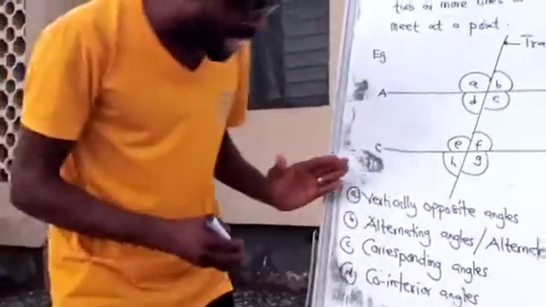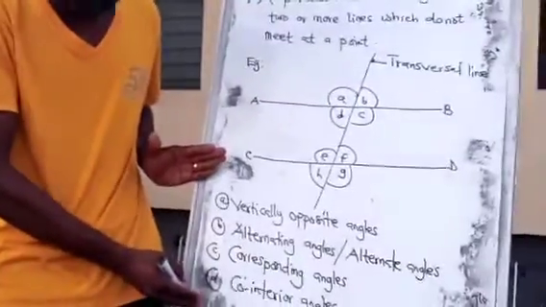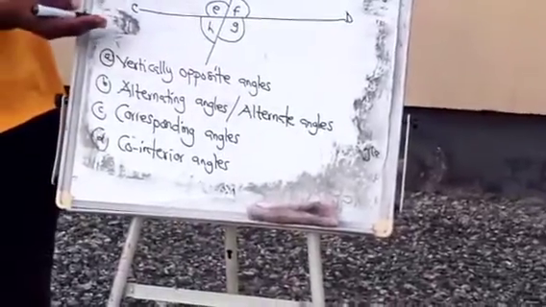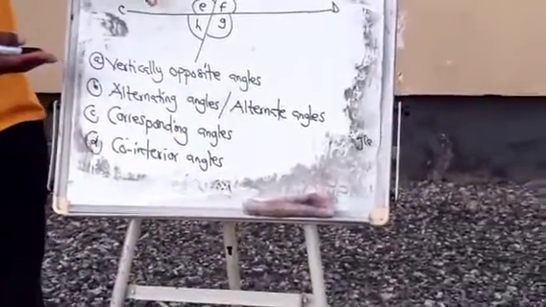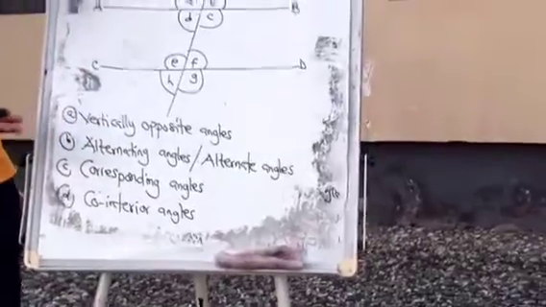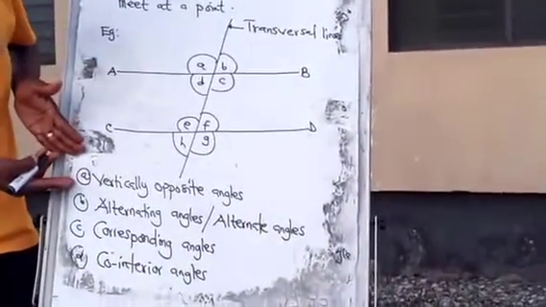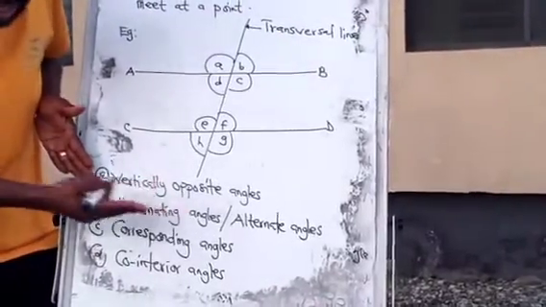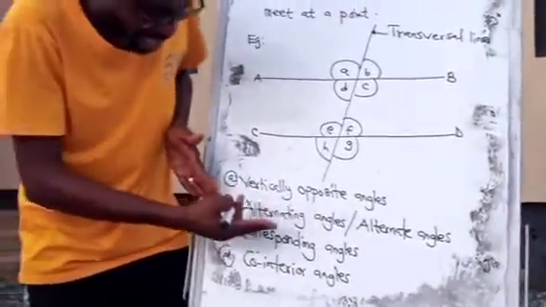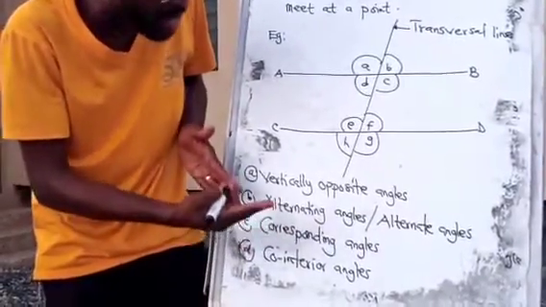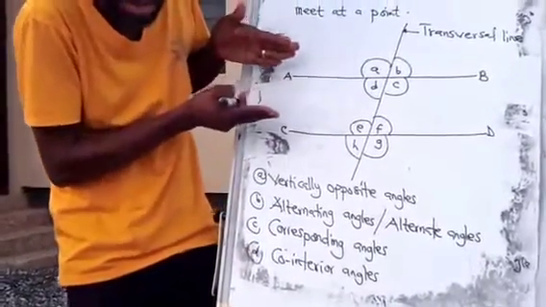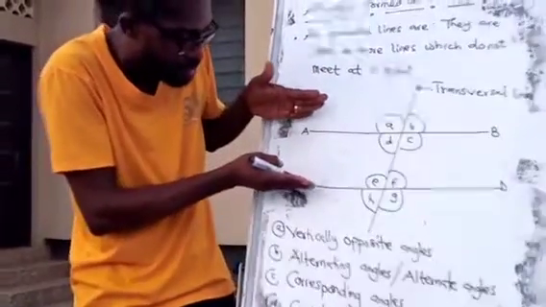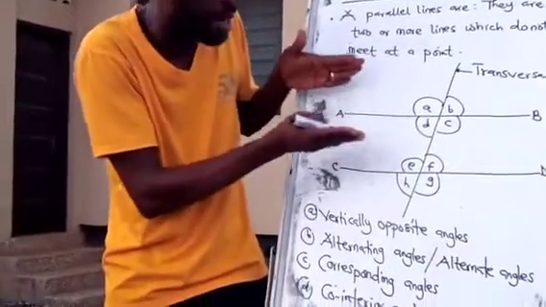So these are the angles produced as a result of the transversal cutting across two or more parallel lines. So we have vertically opposite angles, alternate angles, corresponding angles, and co-interior angles, and they are all produced as a result of the transversal cutting across the various parallel lines that we have here.